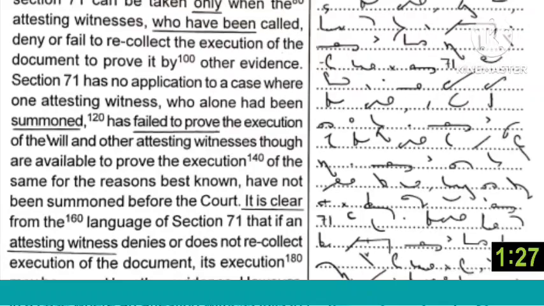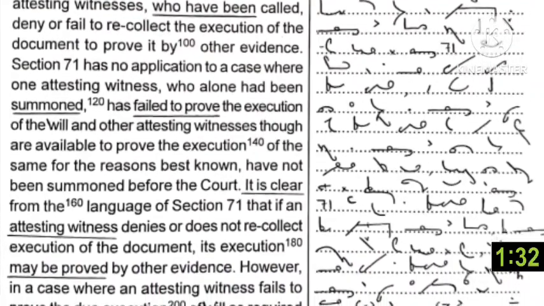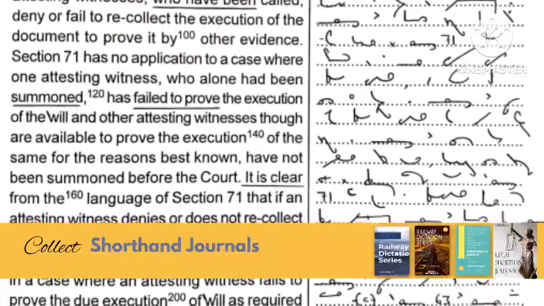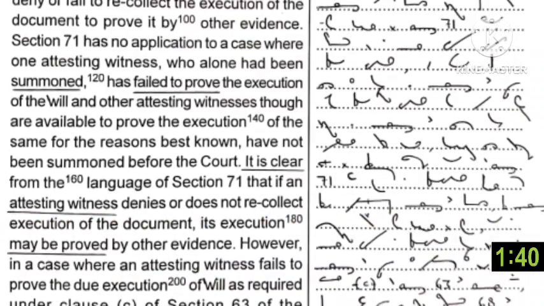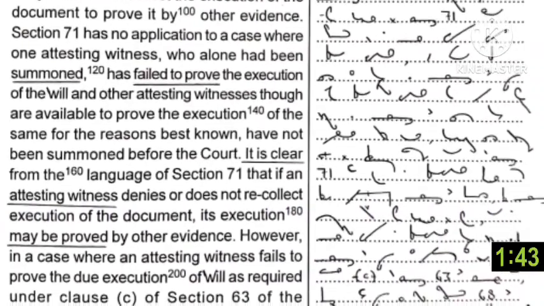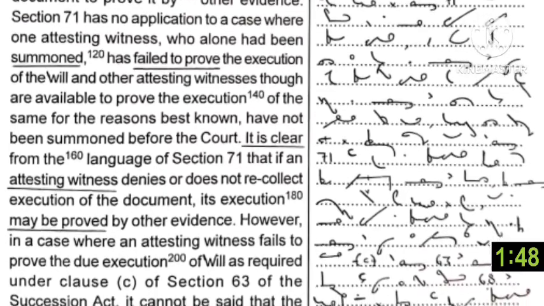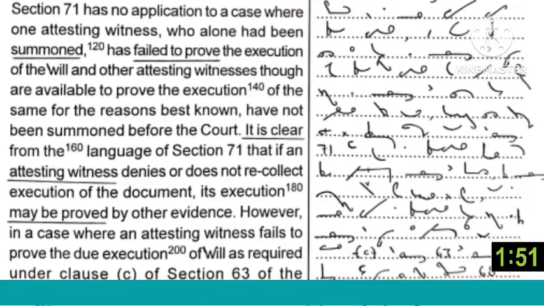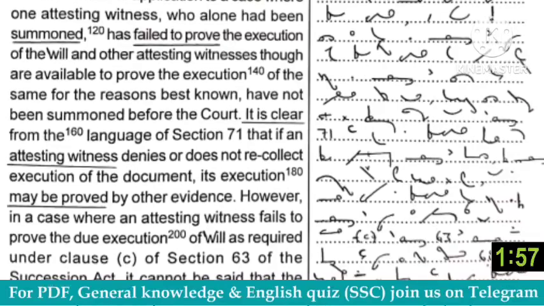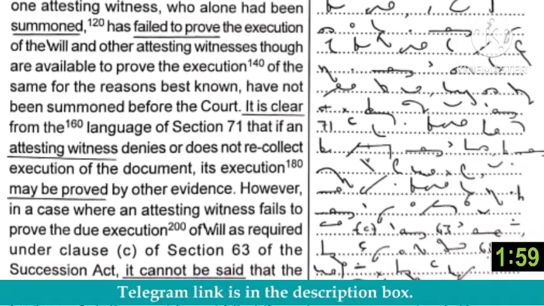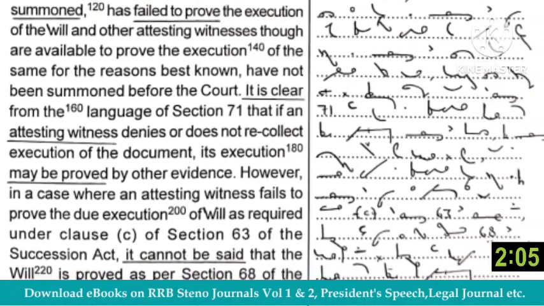It is clear from the language of Section 71 that if an attesting witness denies or does not recollect execution of the document, its execution may be proved by other evidence. However, in a case where an attesting witness fails to prove the due execution of the will as required under Clause (c) of Section 63 of the Succession Act, it cannot be said that the will is proved as per Section 68 of the Evidence Act.